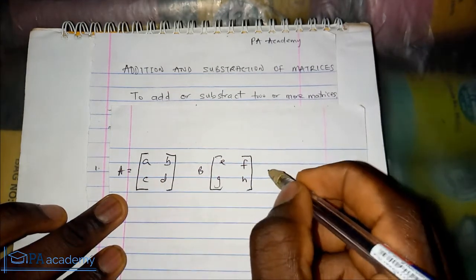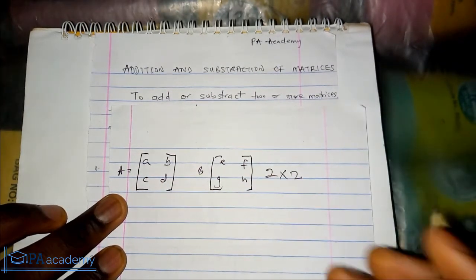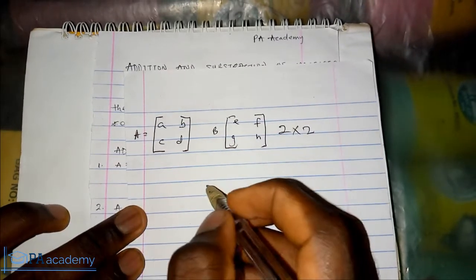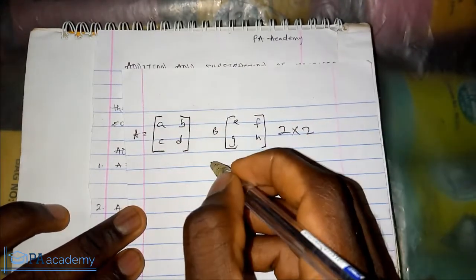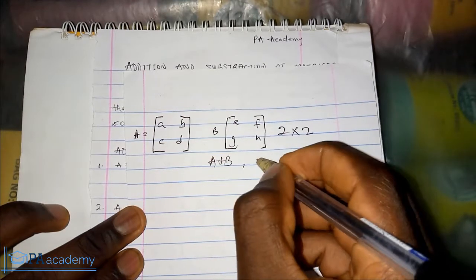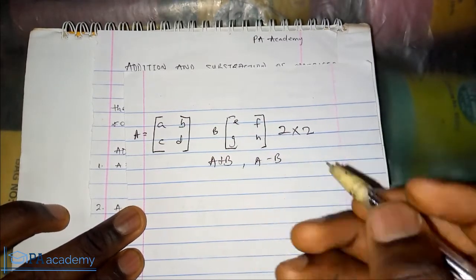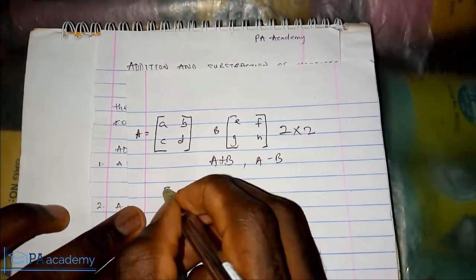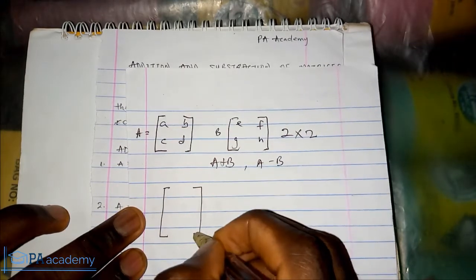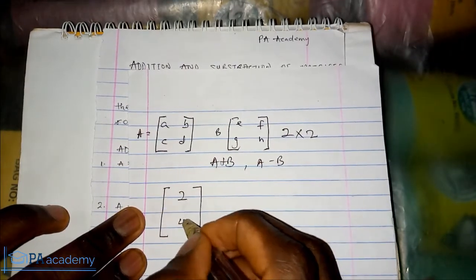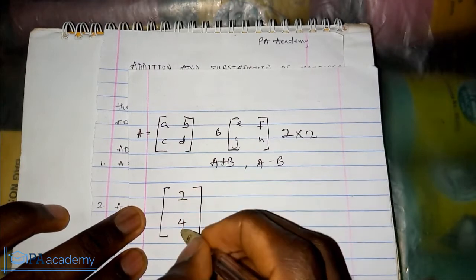For example, this is a 2 by 2 matrix, so we can find A plus B or A minus B. But we cannot have something like 2, 4, which is a 2 by 1 matrix.